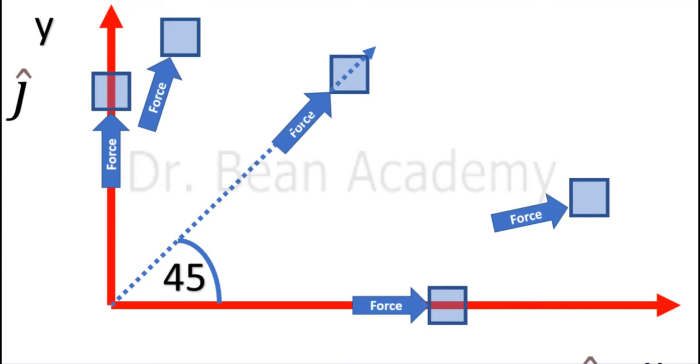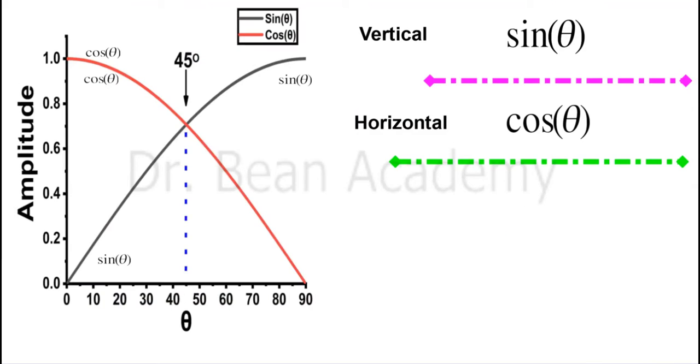We can now try to find the answers to the questions I posed at the beginning of the lecture. The first question was, if the force makes an angle of 45 degrees with the horizontal line, the block will cover equal distances horizontally and vertically. Why? Let's have a look at the graphs of sine and cosine of theta.